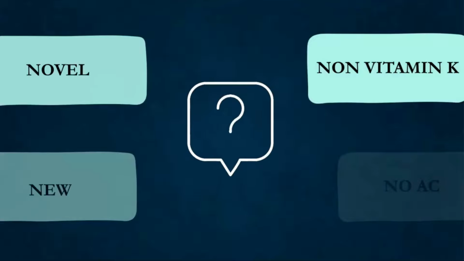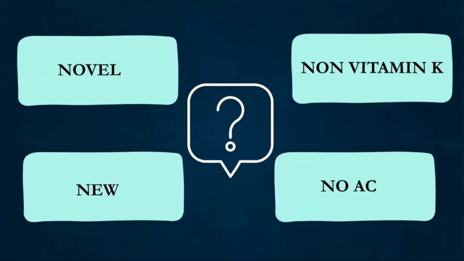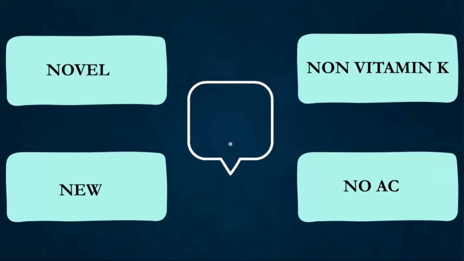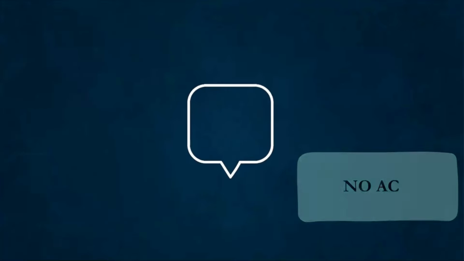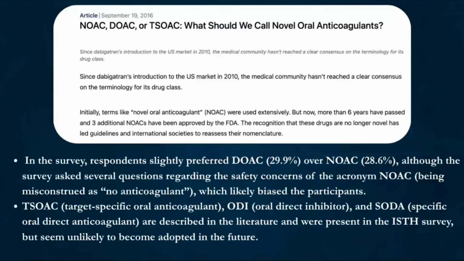So now coming to the topic, why do we call this NOAC, and what does the acronym NOAC stand for? Whether it is novel oral anticoagulant, new oral anticoagulant, non-vitamin K anticoagulant, or does it stand for no oral anticoagulant? To answer this, there were various studies conducted on how to term the oral anticoagulants.